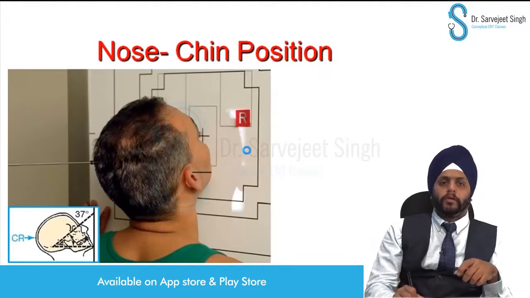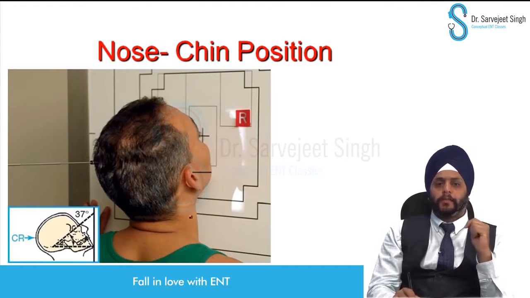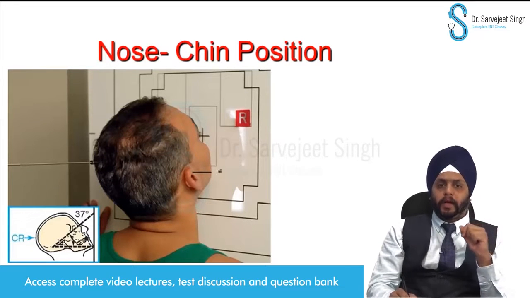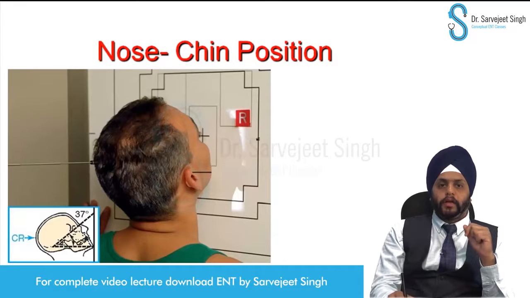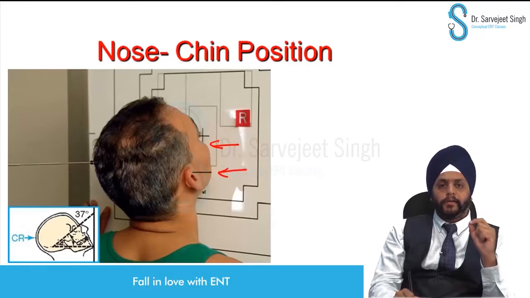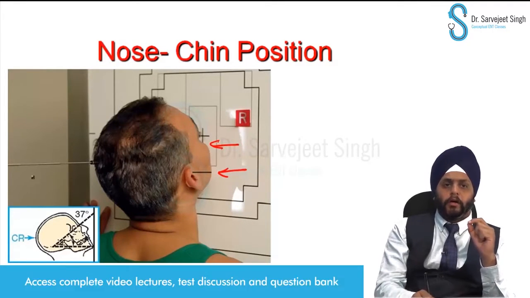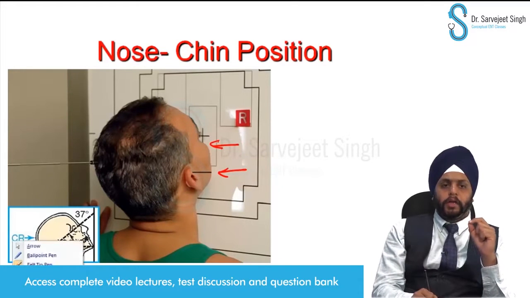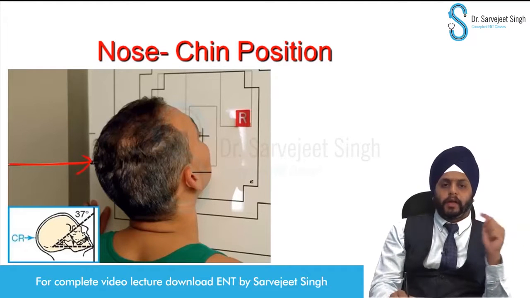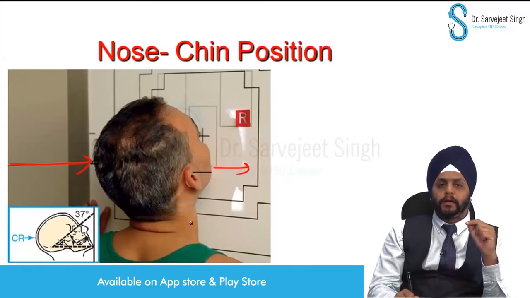In Waters view, we make the patient stand facing the X-ray plate. As you can see over here, the patient is standing facing the X-ray plate. His nose and chin are both touching the X-ray plate. Now we give an X-ray beam from behind and it comes out from the mentum.